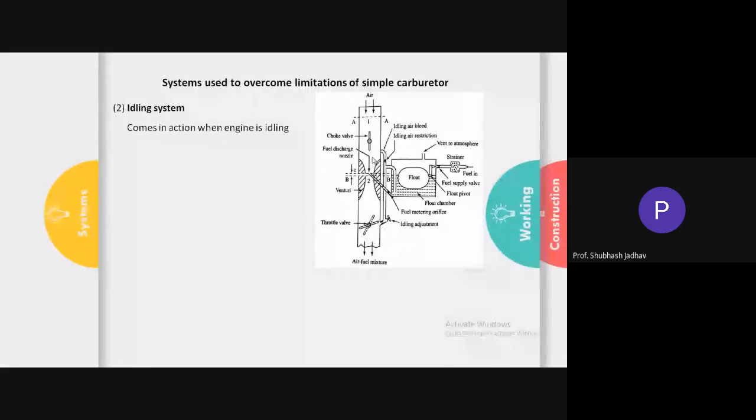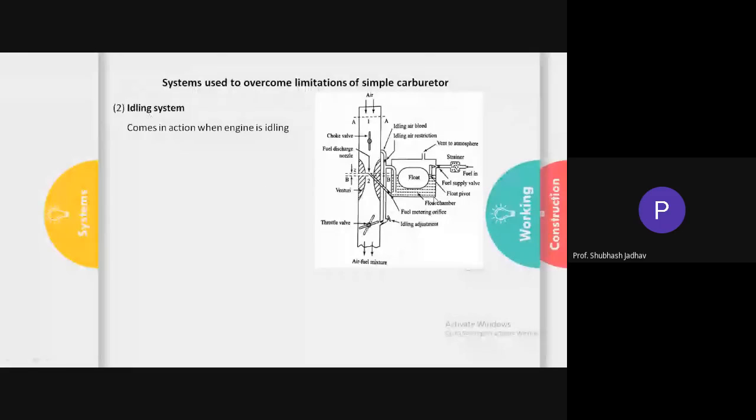So without much change in the pressure to kinetic and all such things, the air is going to flow, which is a very small quantity. That means here, since the suction is not created, the fuel will not come out from here, or a very small amount is only going to come. It will not be coming in the amount which is required. But we know that during idling also we require rich mixture. Okay, we require rich mixture. So here this idling system comes in.